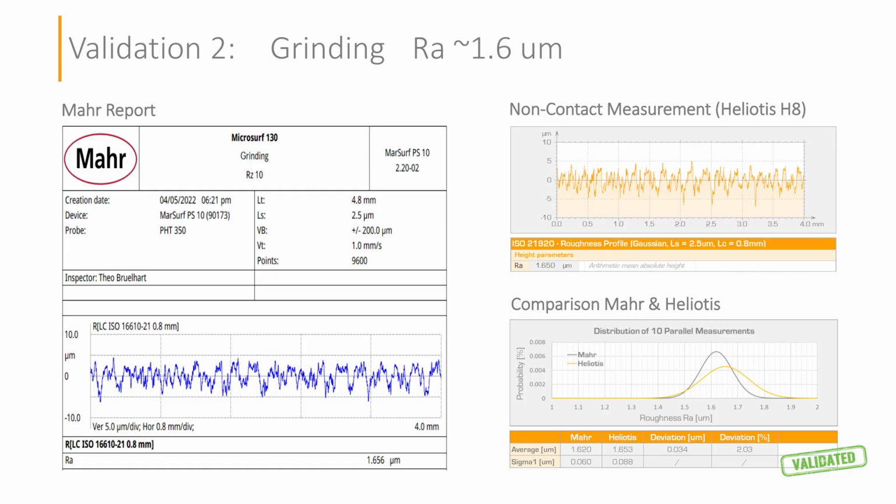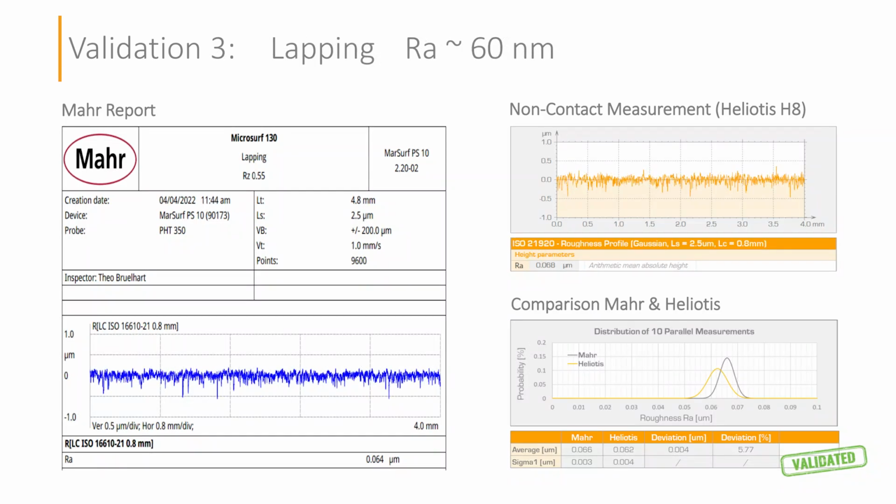Again, the distributions show the results from repeated measurements. The third example is a much smoother lapped surface. Here, the roughness is only around 60 to 70 nanometers. The tactile reference gives 66 nanometers, while the optical measurement gives 62 nanometers. Even at this much smaller roughness level, the two methods show good agreement for this particular surface.